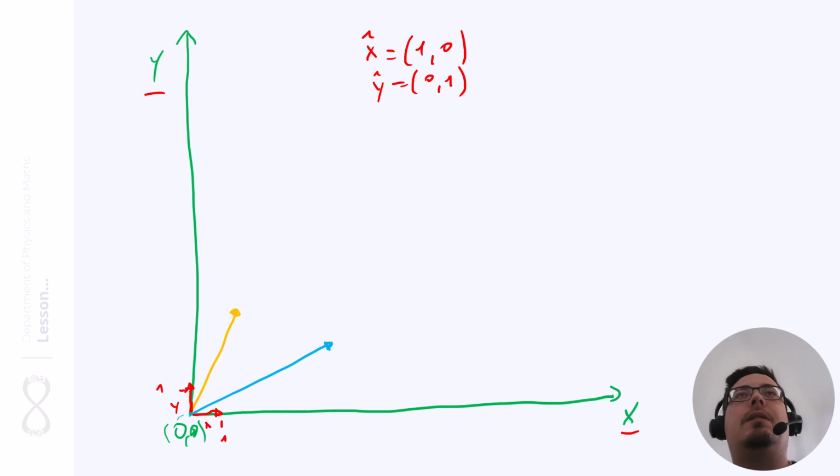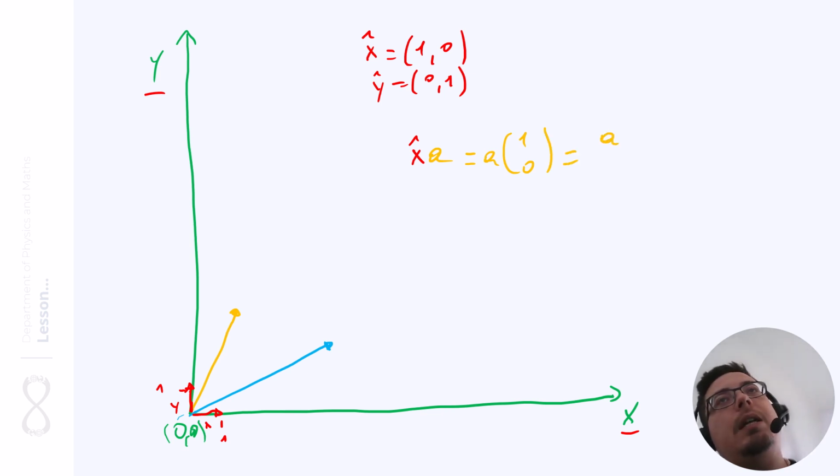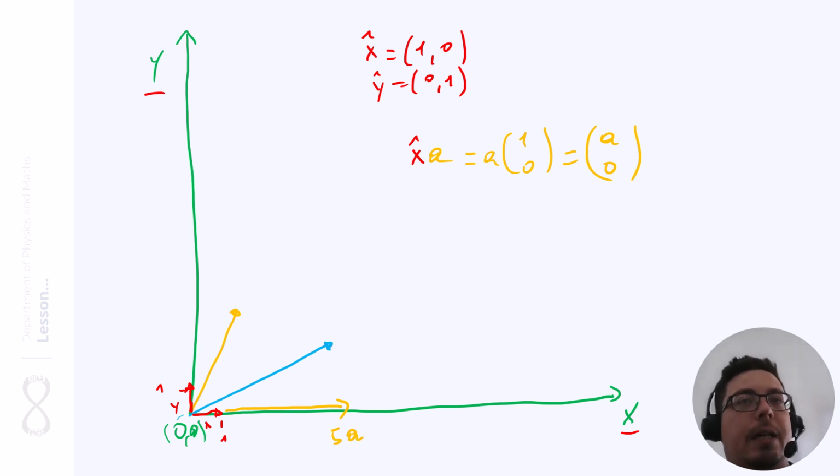Why is that? First of all, you can multiply a vector X times a number A, and you find A times (1, 0), which is (A, 0). This basically multiplies X by A. Suppose A is 5: this is a new vector V1, which is 5x, that is (5, 0), and this is a vector here.